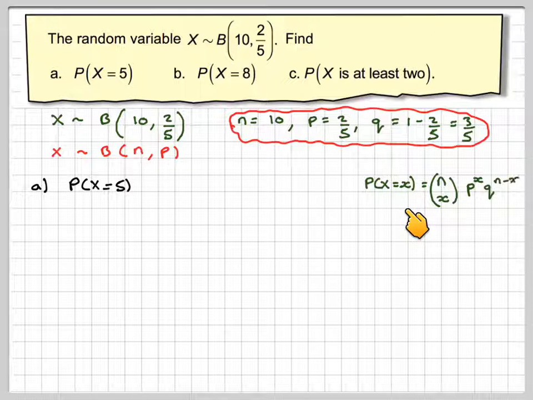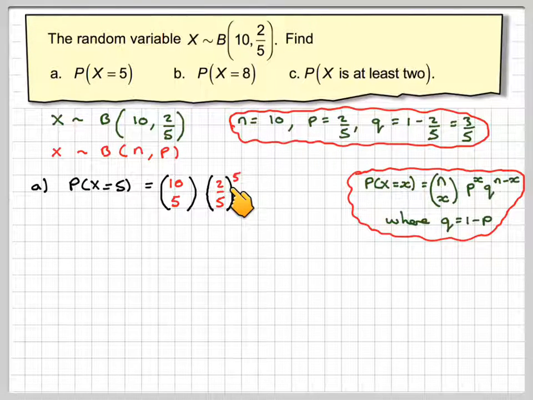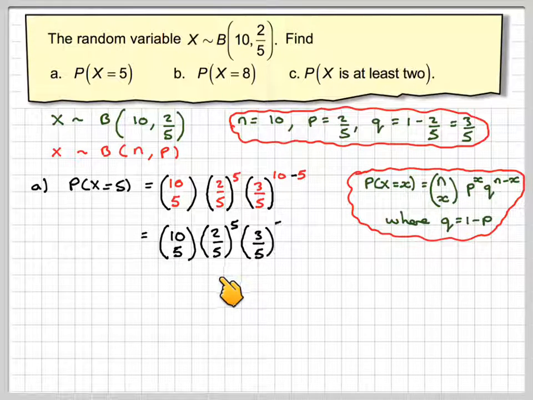The probability that x is equal to x is nCx, p to the x, q to the n minus x, where q is 1 minus p. So that's going to be 10C5, the probability of success 2/5 to the power of 5, and then 3/5 to the 10 minus 5, that's n minus x. That's 10C5, 2/5 to the 5th, and 3/5 to the 5th.